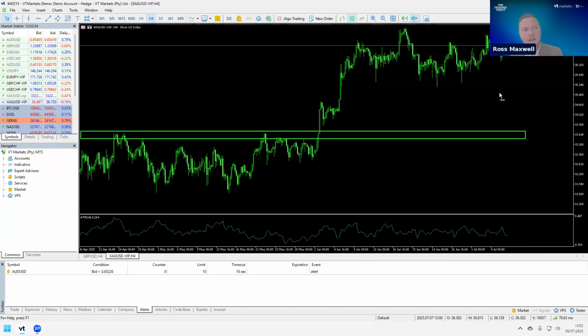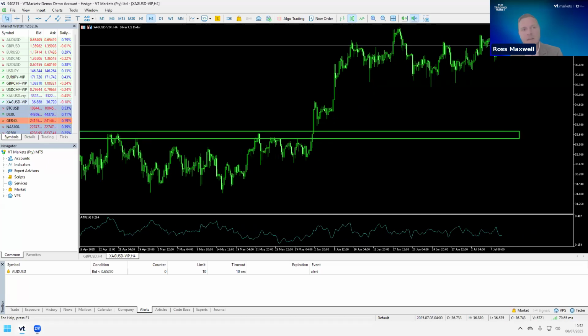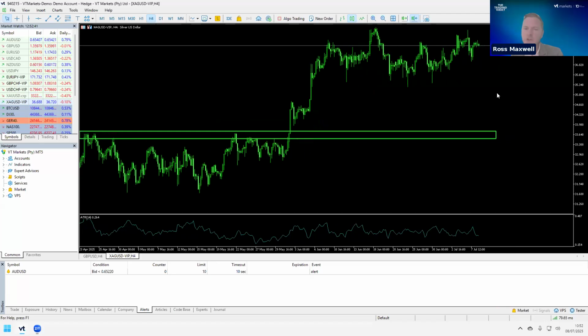What I would say is, when it takes so long to retest an area, you just need to make sure that the price action is right coming into that zone. You don't want to see some fundamental shift. A lot of this silver bullish run has been down to positive Chinese data.